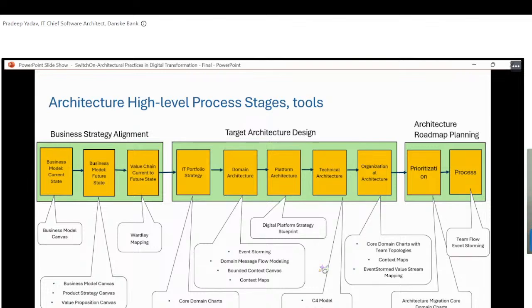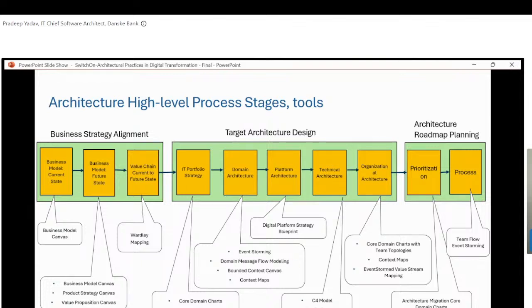Ideally, people randomly go and create component diagrams and try to visualize, which is sometimes difficult to read out. So we use the C4 model there. I've listed here some of the tools we are using, which might be helpful in your journey.